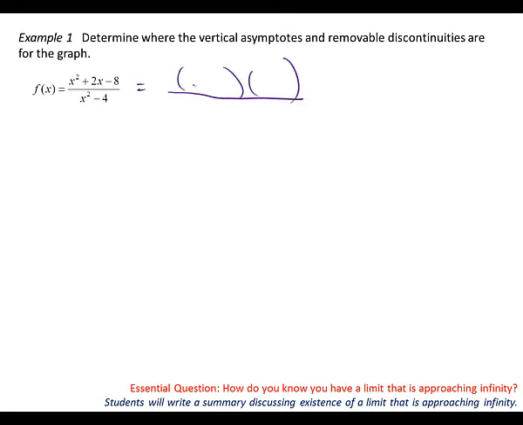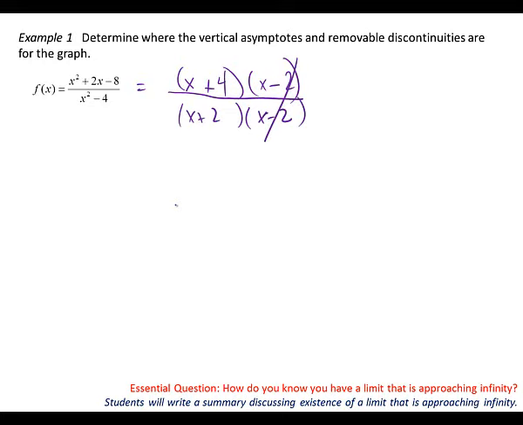Okay, you tell me, what does the numerator factor into? Do we agree with -4 and +2? I like +4 and -2 a little bit better. Good numbers, you just got to watch your signs. What's the denominator factor into? Good. All right, so remember, when it cancels, it's a hole.